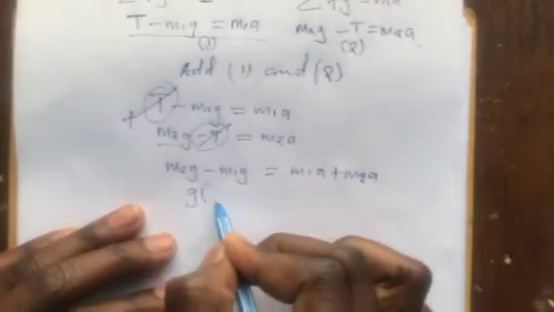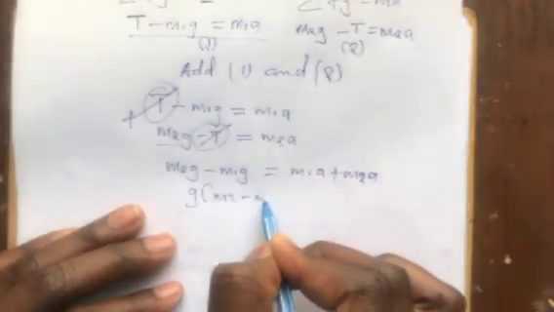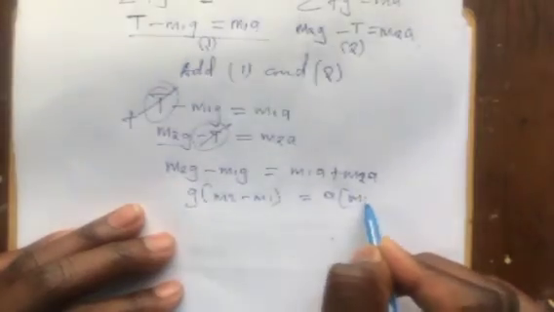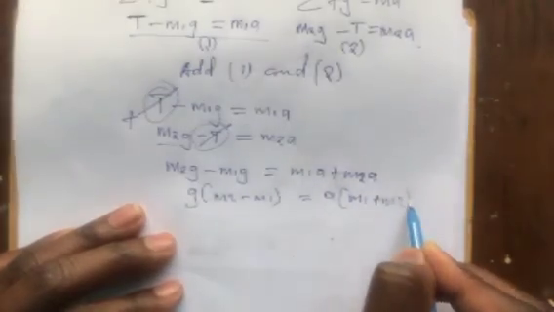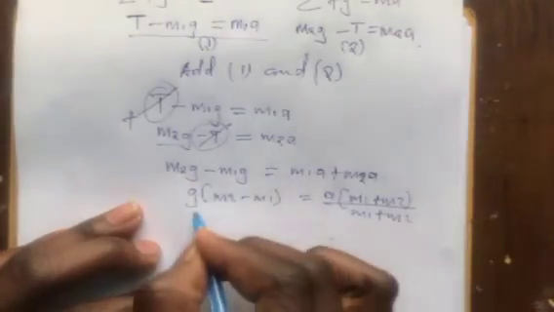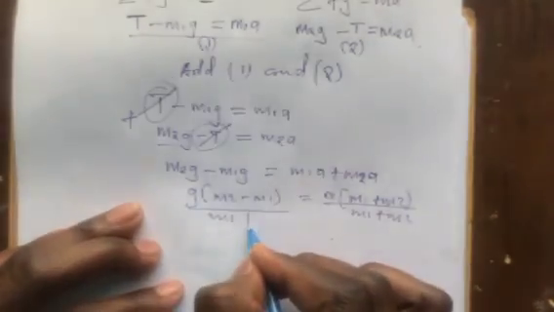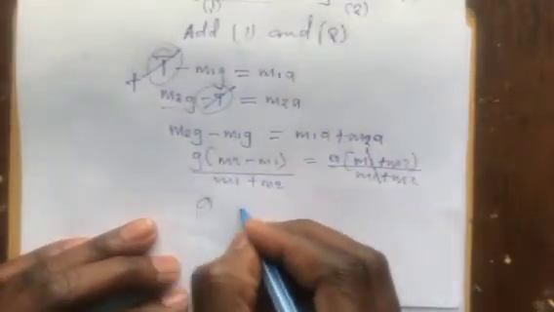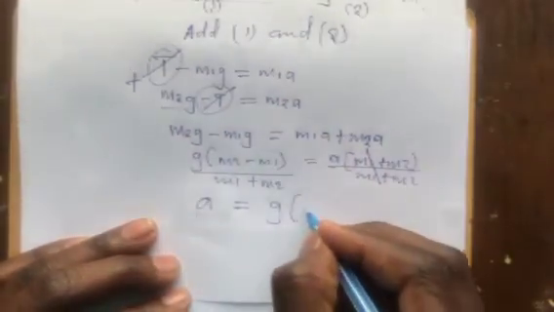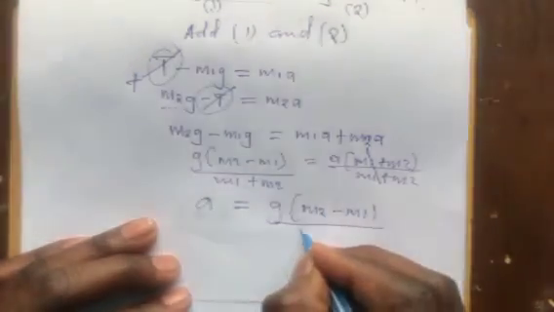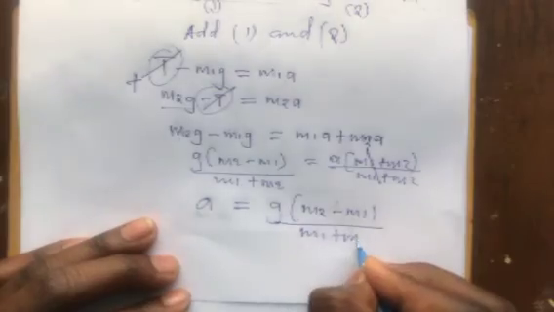I'll say G, open, M2 minus M1, equals A, M1 plus M2. You divide by M1 plus M2 over M1 plus M2. Meaning that acceleration can only be calculated by the formula which is G times M2 minus M1 over M1 plus M2.